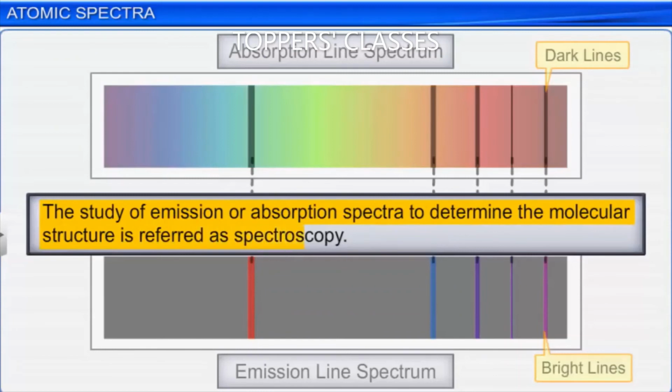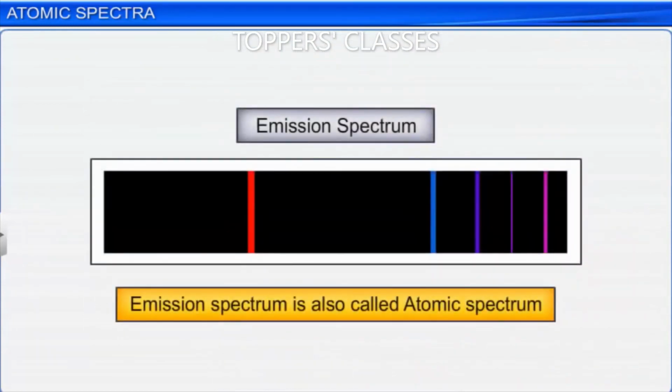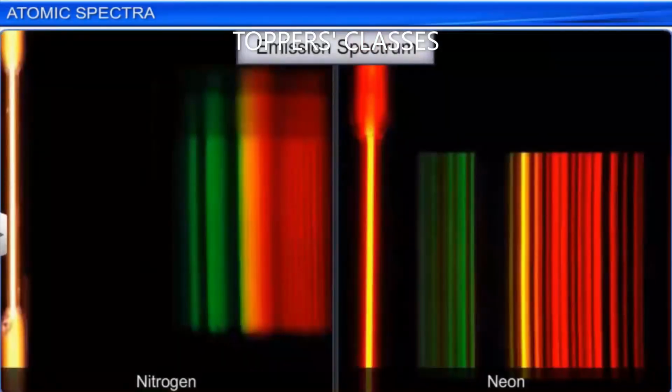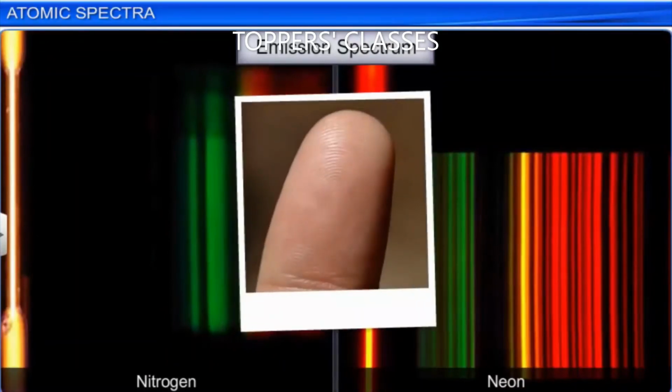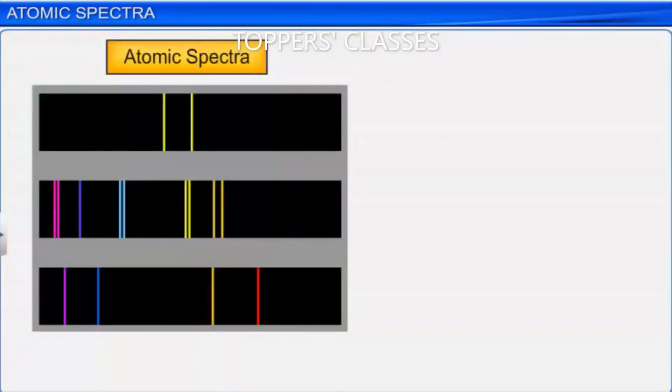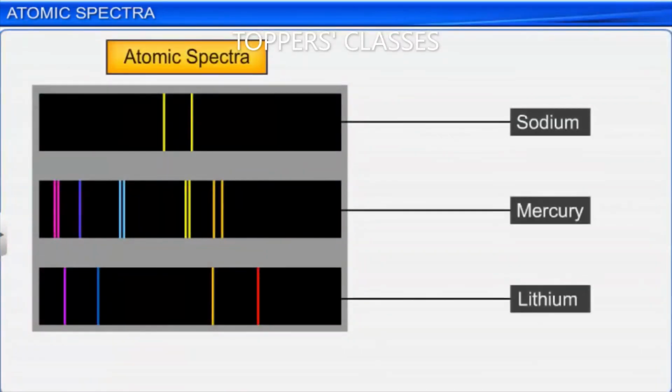The emission spectrum is also sometimes called atomic spectrum because each atom has a unique emission spectrum, just like each human being has unique fingerprints. The characteristic lines in atomic spectra can therefore be used in chemical analysis to identify unknown atoms.